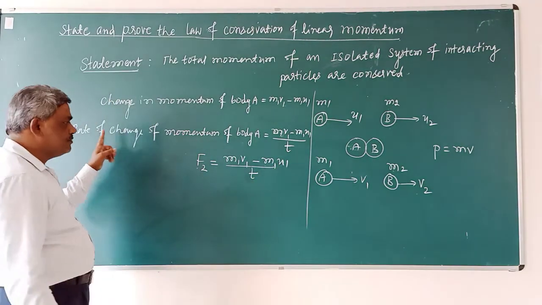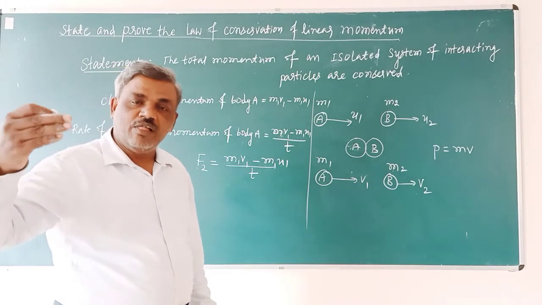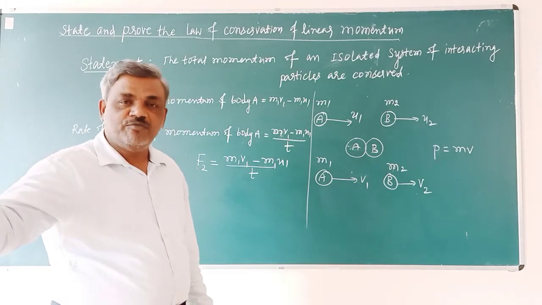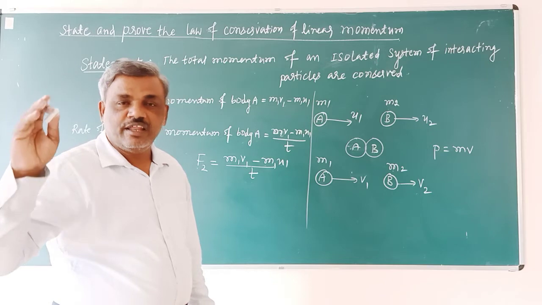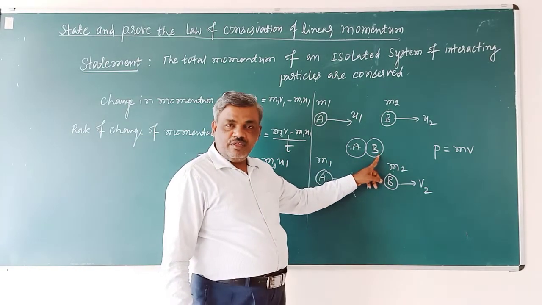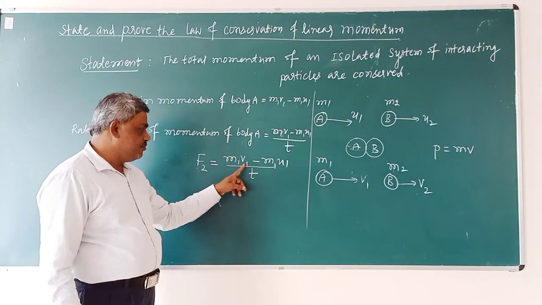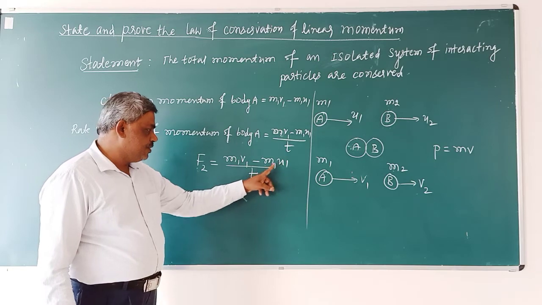That is the rate of change of momentum of the body, which according to Newton's second law is directly proportional to the applied force and takes place in the direction of the force. So F2 equals m1 v1 minus m1 u1 by t.